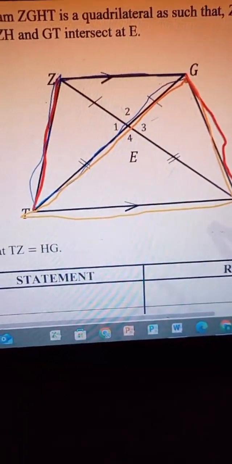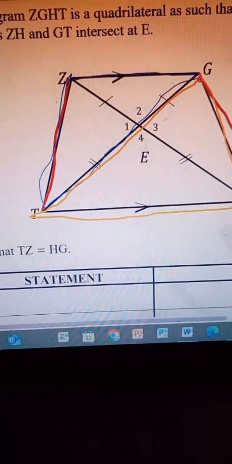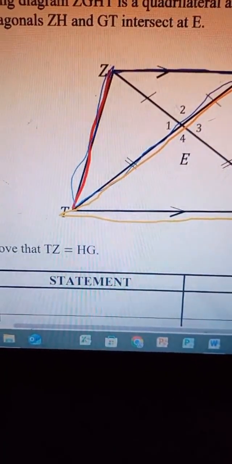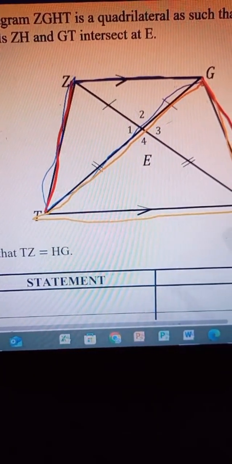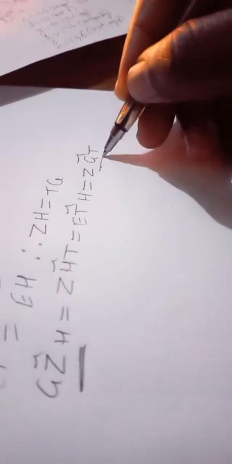So here, remember, we are comparing two triangles. I hope we are together there. So now we have this and this, which are equal.